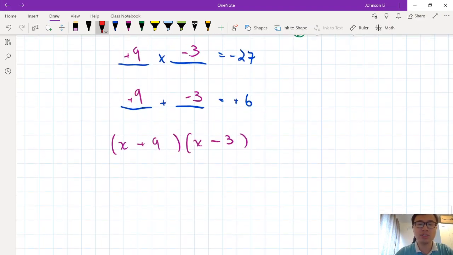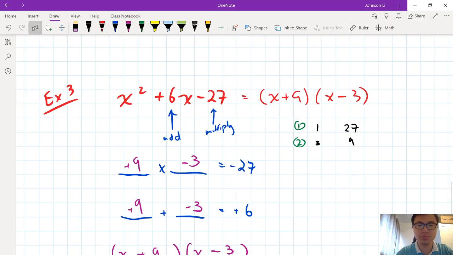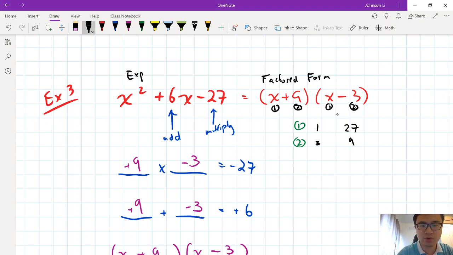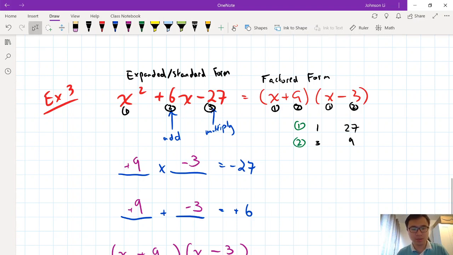Because right now we want to distinguish between the factored form, with the 2 items in every single bracket, and over here, which we call the expanded form or standard form. And these always have 3 items without any brackets at all.